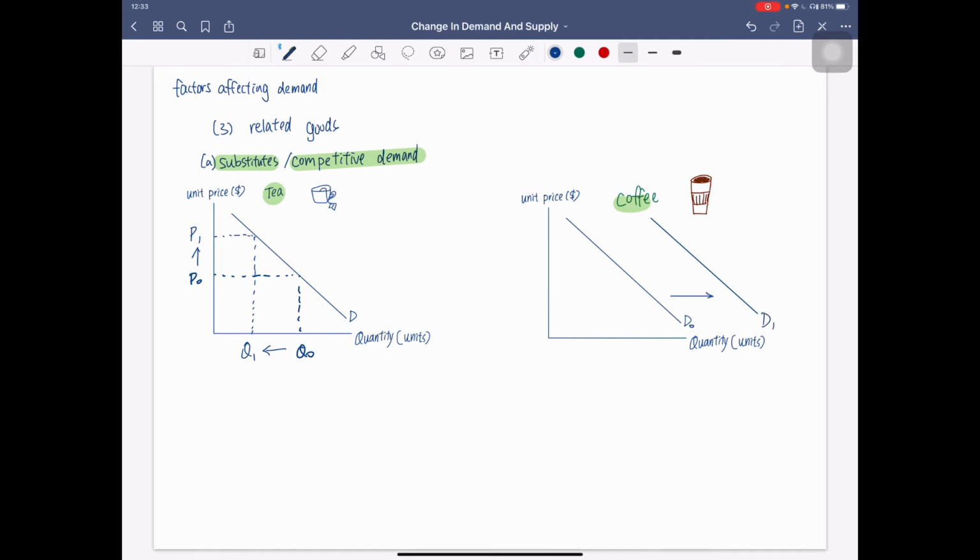So consumers are going to buy more coffee, and it is a change in demand. Because this shift of the demand curve is due to the increase in the price of tea. We call this substitute, competitive demand.